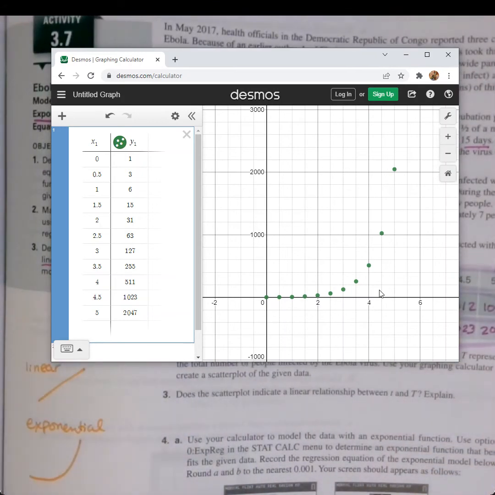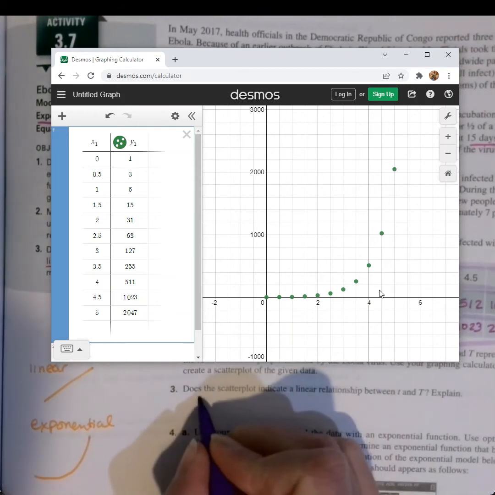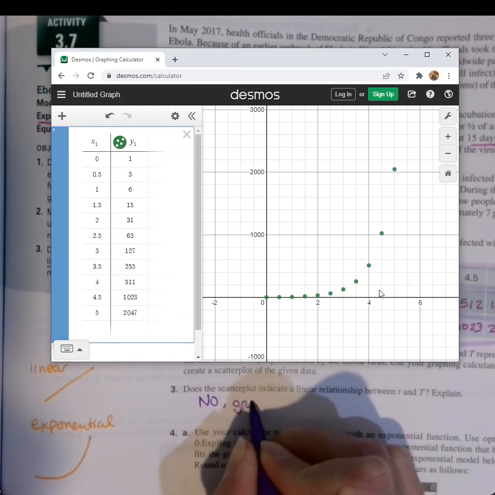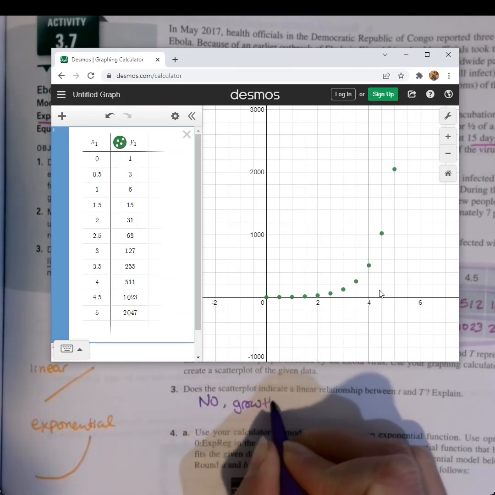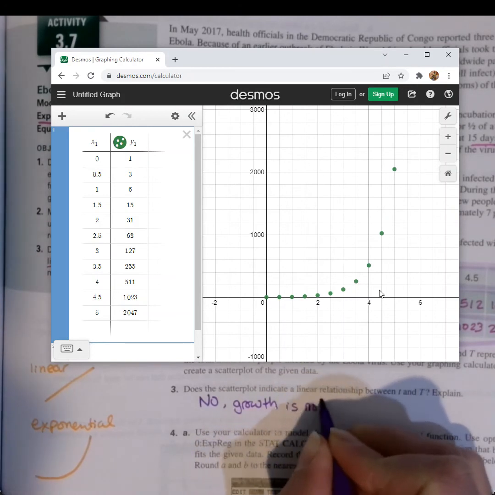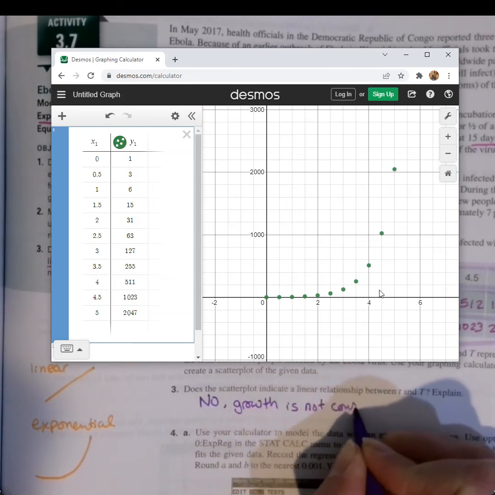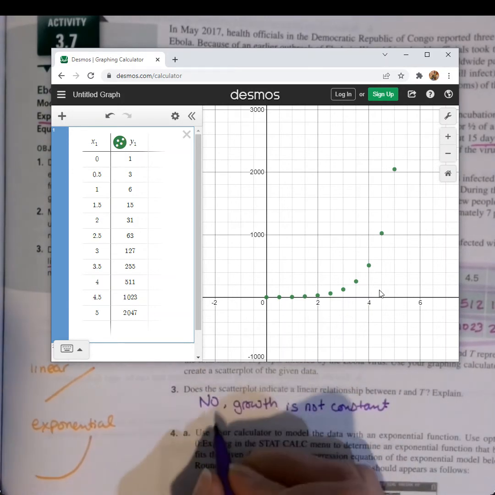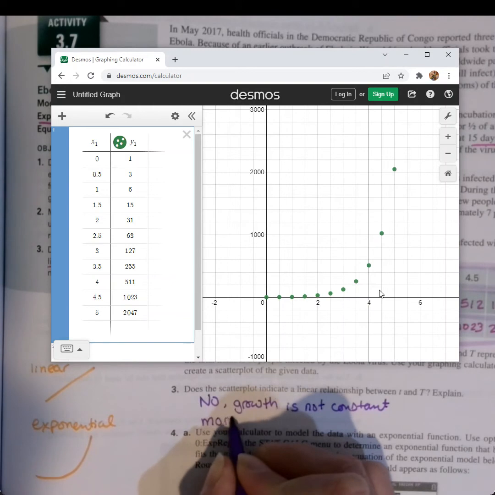So we will note that here also, that no, because the growth rate is not constant. Instead, it seems to be increasing more rapidly, and that's going to indicate exponential.